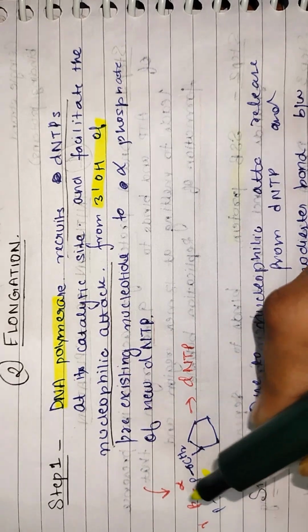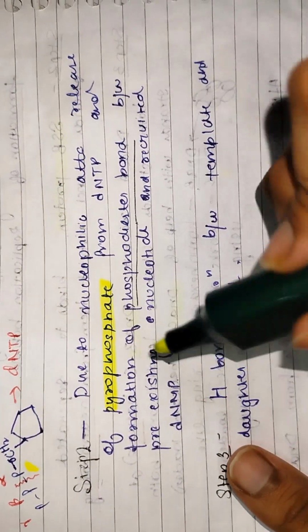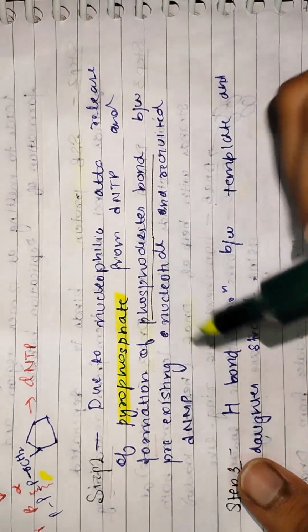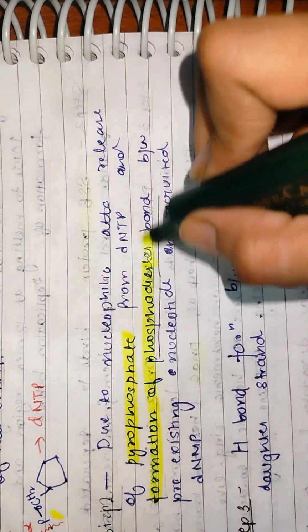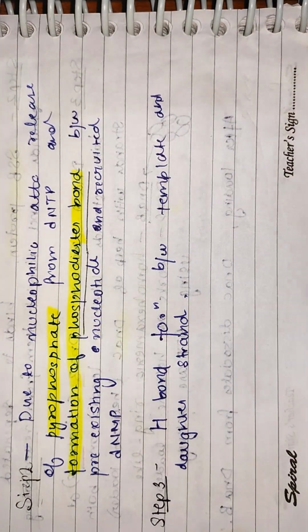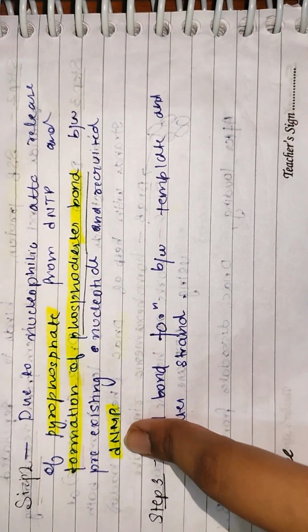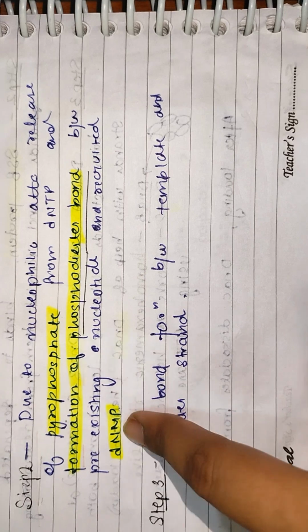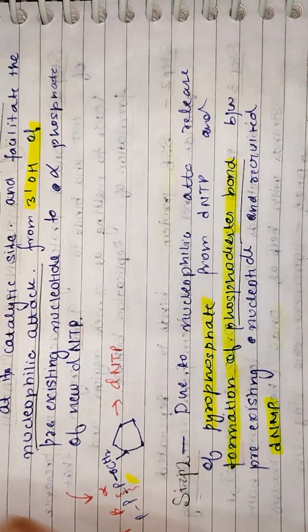So these 2 phosphates are released as pyrophosphate, and there will be a formation of a phosphodiester bond in step 2 between the pre-existing nucleotide and the newly recruited dNMP. dNMP, why? Because it is deoxynucleotide monophosphate, right?